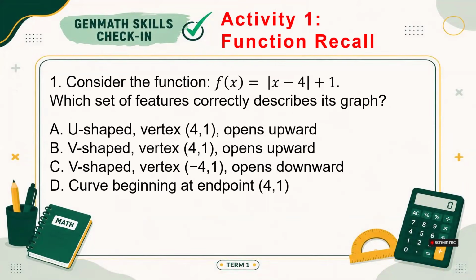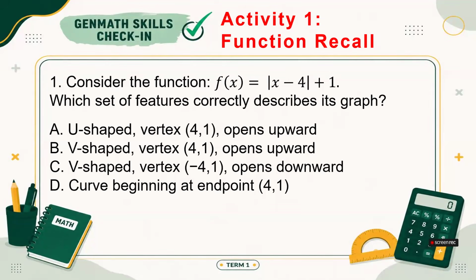Do you see the absolute value bars? What kind of function is this one? Correct. This is an absolute value function. And what is the basic shape of the absolute value graph? It is the V shape, right? So look at x minus 4.